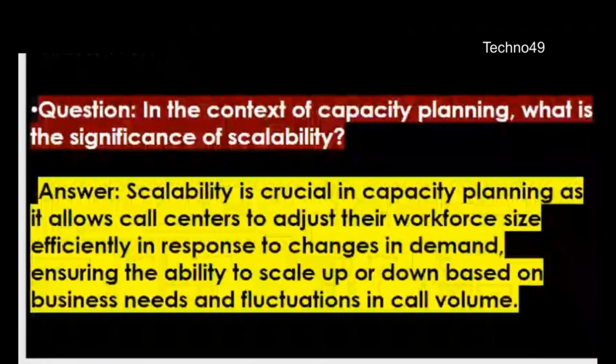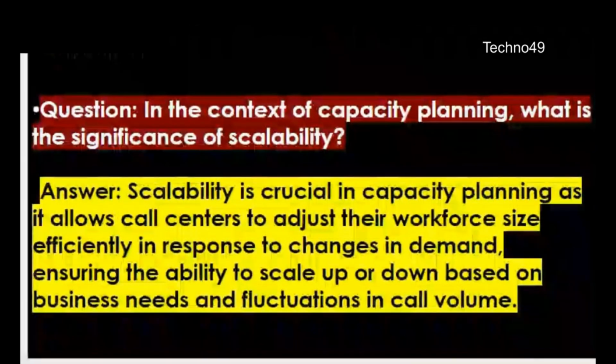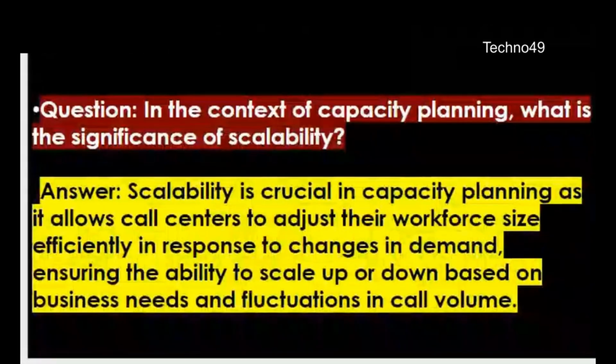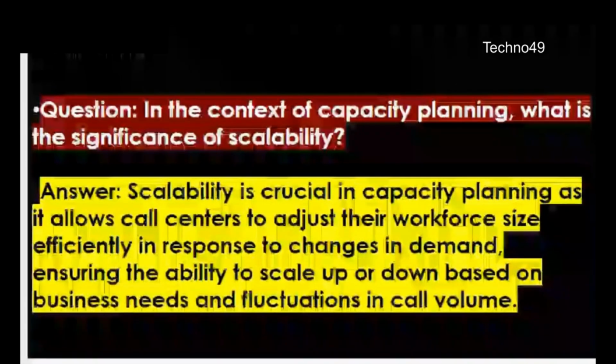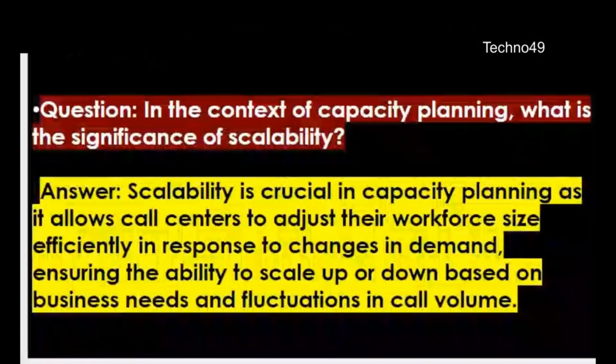Next question: in the context of capacity planning, what is the significance of scalability? Your answer could be: scalability is crucial in capacity planning as it allows call centers to adjust their workforce size efficiently in response to changes in demand, ensuring the ability to scale up or down based on business needs and fluctuation in call volume. Scalability defines how you can scale the business within the call center or in a company by adding more and more business.